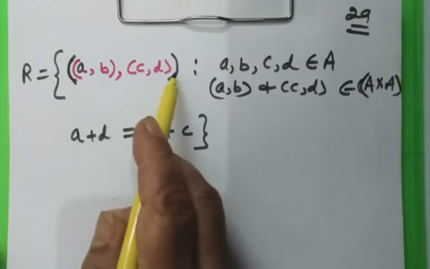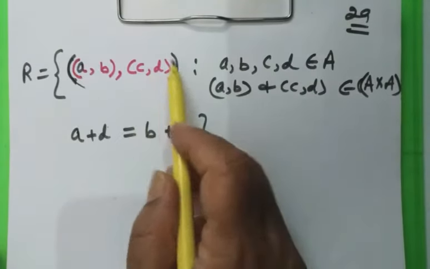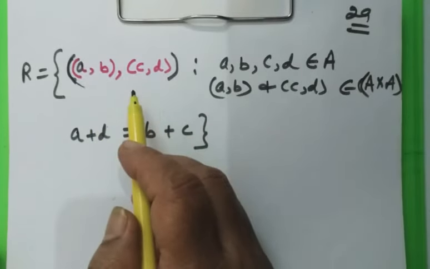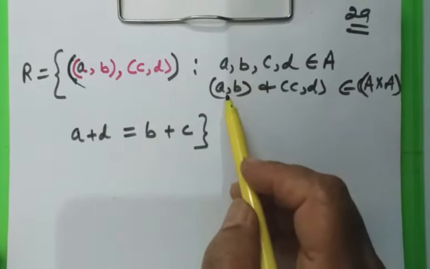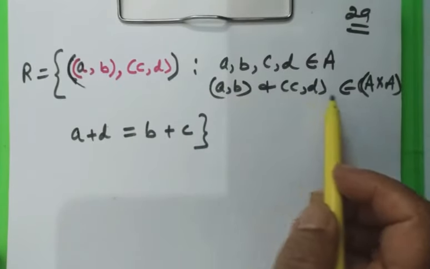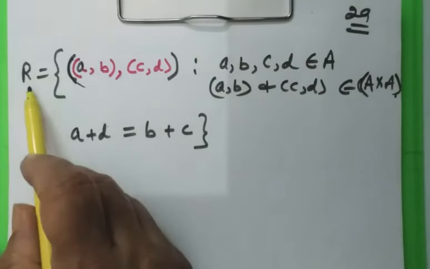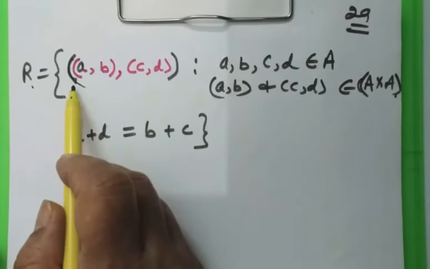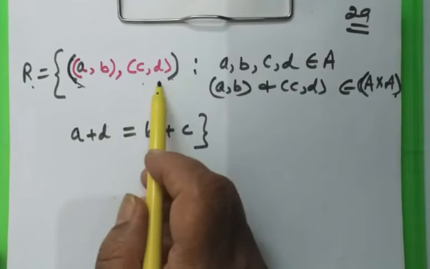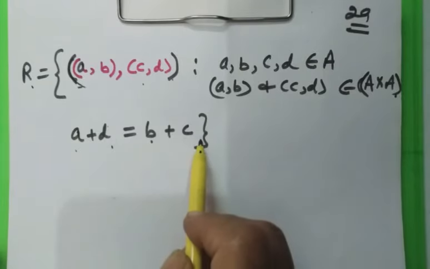When we have 4 elements, it is called a 4-tuple. So, this ordered pair has 2 elements which themselves are ordered pairs, and these ordered pairs (a,b) and (c,d), which are going to be related, come from the Cartesian product A cross A. R will contain all those 4-tuples which satisfy the condition a plus d is equal to b plus c.